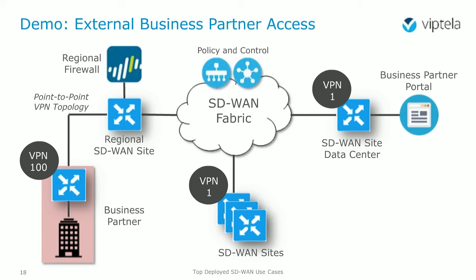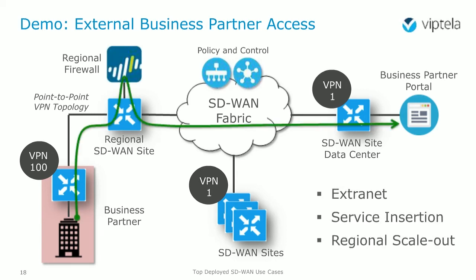It's the same experience, same management tools, same configuration and troubleshooting tools. It's just segmented off, a different topology, service chained through the firewall, so the connectivity from the business partner into the business partner portal in the data center is going over a secure, isolated path, right? So that's what we're set to do.